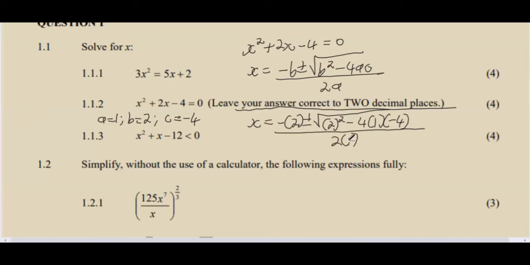Then at this point, you just want to carefully punch all this in your calculator. So you grab your calculator and carefully punch it the way it appears. Then 2 squared minus 4 times 1, and then times negative 4, and then 2 times 1.